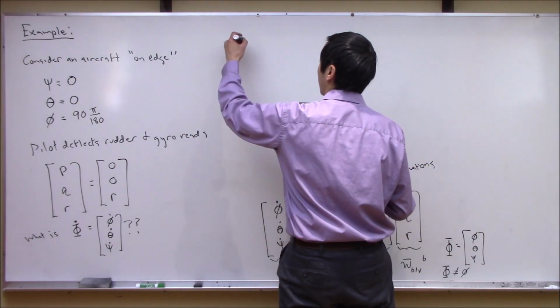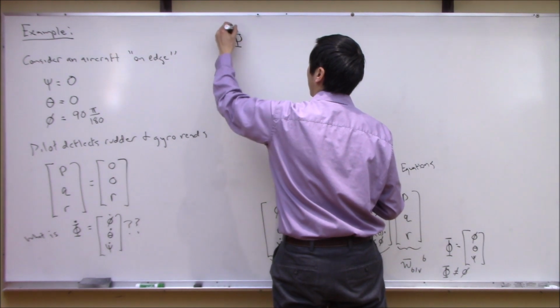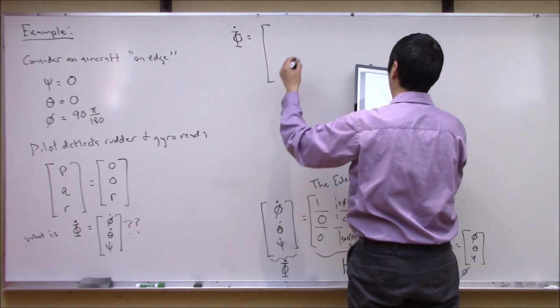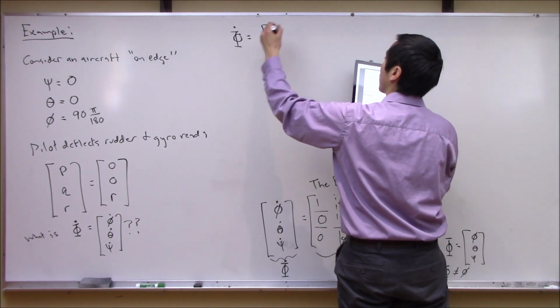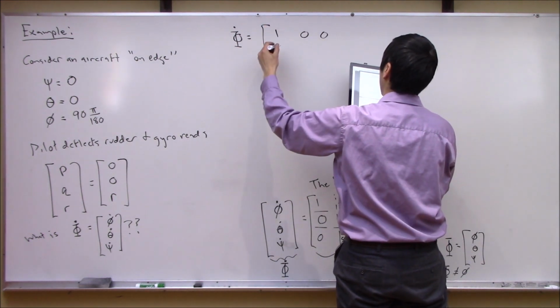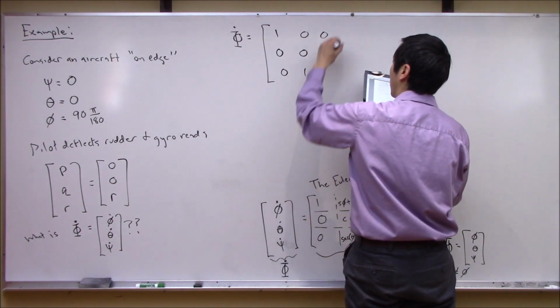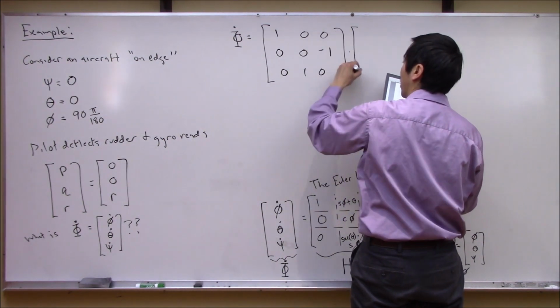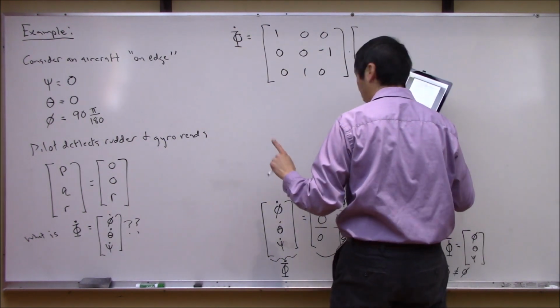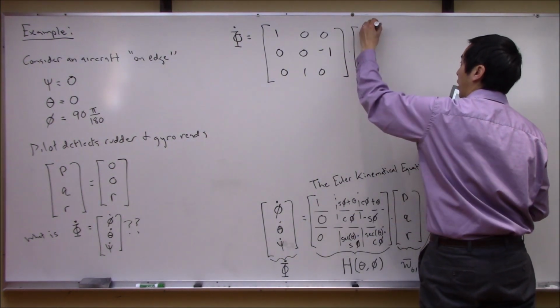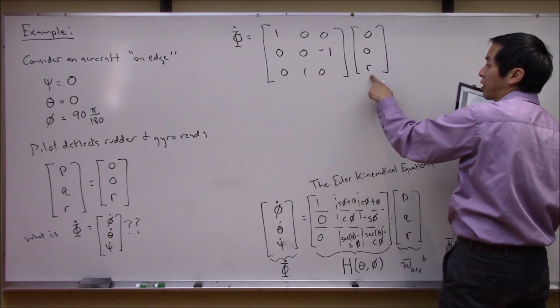All right, plugging this in, the left side of the equation was phi dot, and the right side is the H matrix, which is 1, 0, 0, 0, 0, minus 1, 0, 1, 0, times our gyro inputs P, Q, and R, which were 0, 0, and R, whatever the yaw rate the gyro was reading.